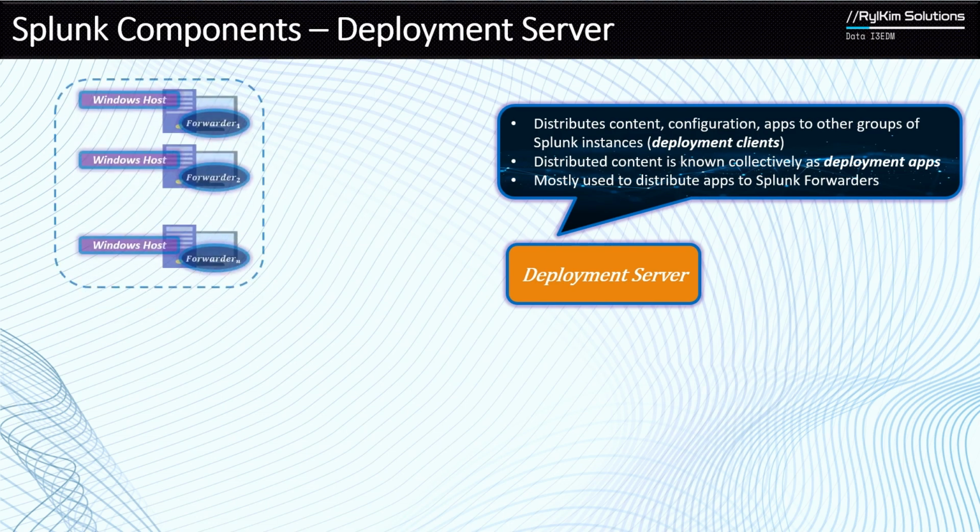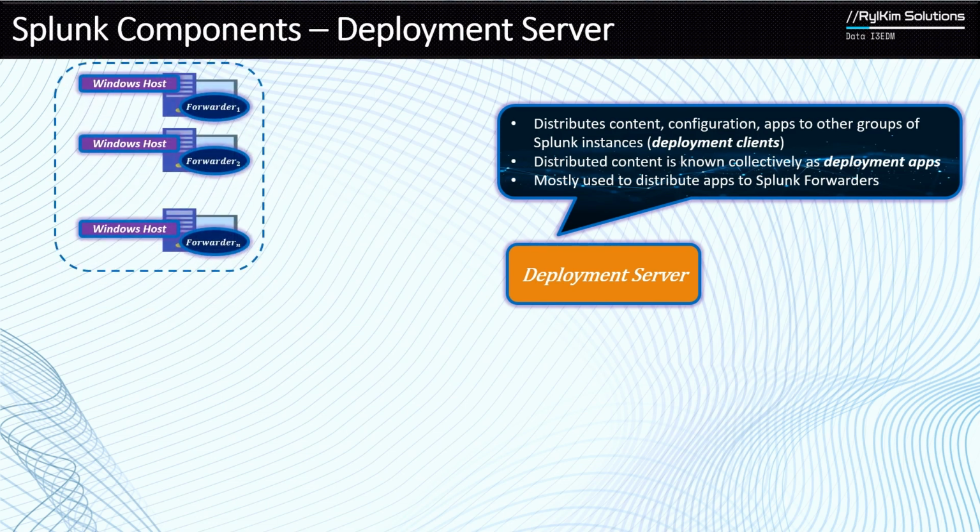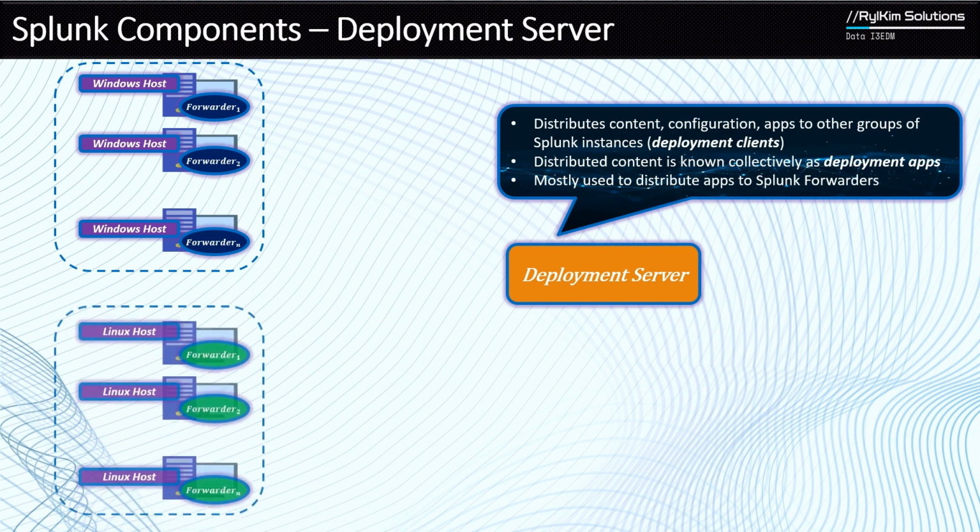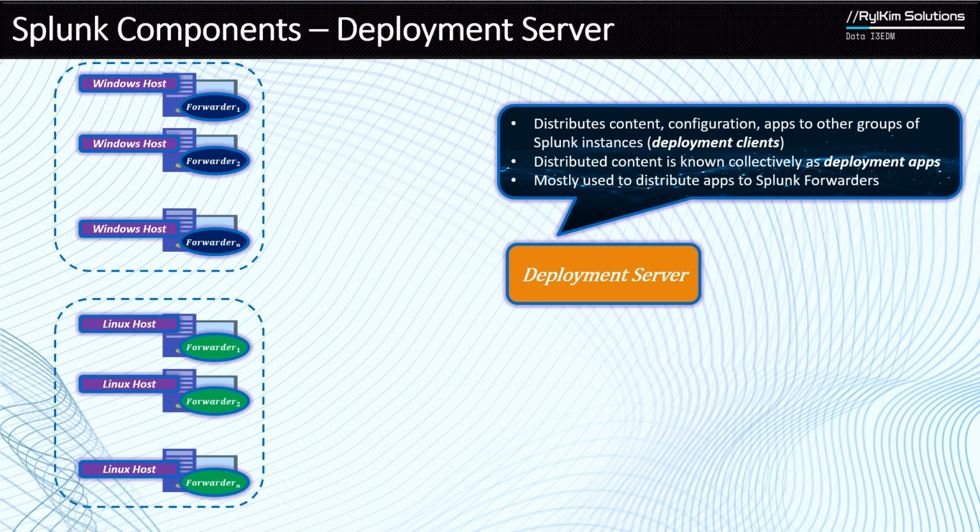Let's take a good example here. Let's suppose that we have a network where we have Windows hosts, and we've installed forwarders on all those hosts, maybe 100 plus or maybe 1,000 of them. And then we have another group that is Linux hosts, and we have forwarders installed on them.